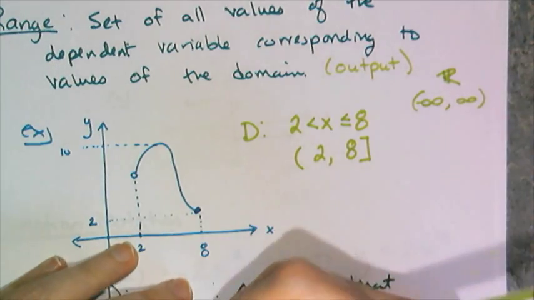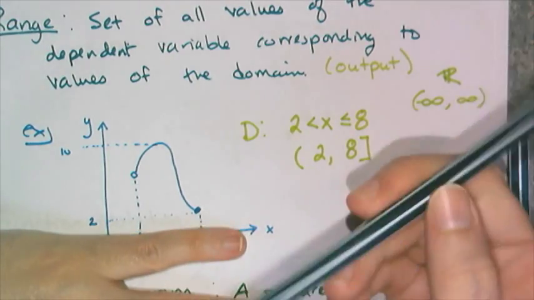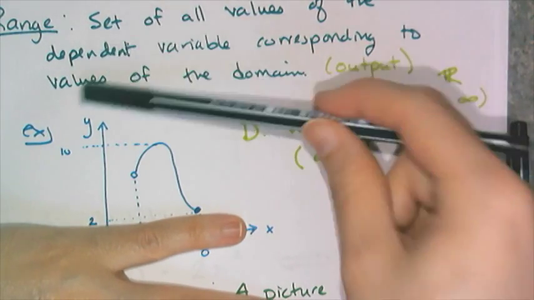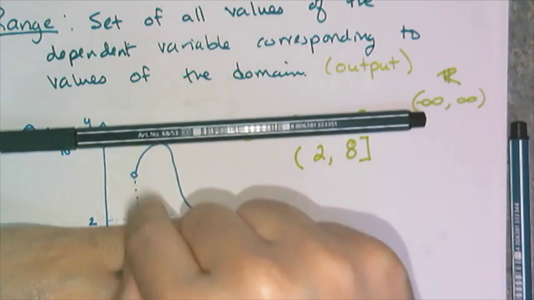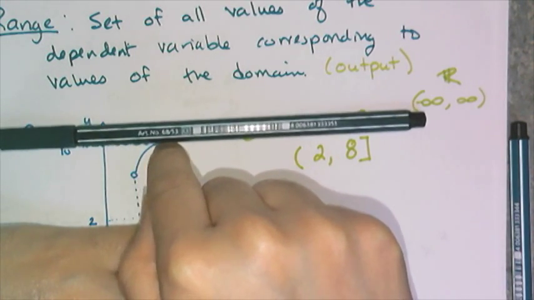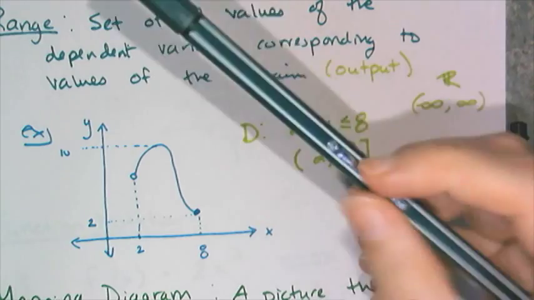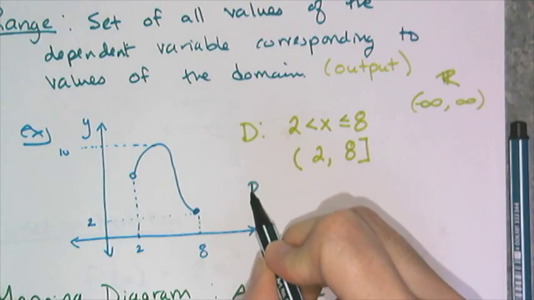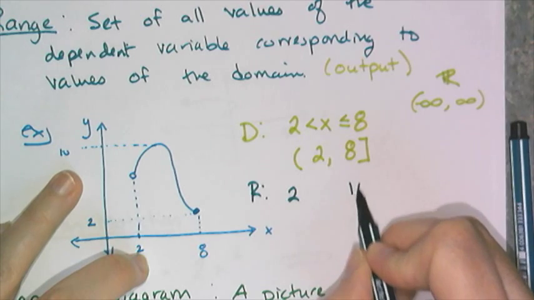Now, if I want to write the range, I have to be careful because the range are the y values. And it's not necessarily endpoint to endpoint because this particular function has its local maximum, or its maximum value, in between the endpoints or after that endpoint. So my range has a low value of 2 and a high value of 10.